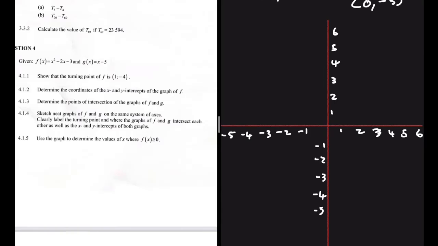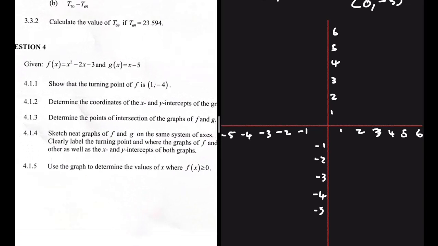Now I have my axes and I can give it a try. If we had asymptotes, we would start by sketching the asymptotes, but in this case we don't have any, so we're going to start with the intercepts. Let's start with f of x, and then we're going to move to g of x.